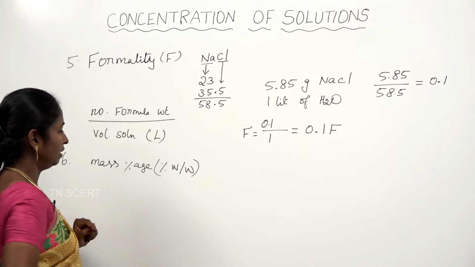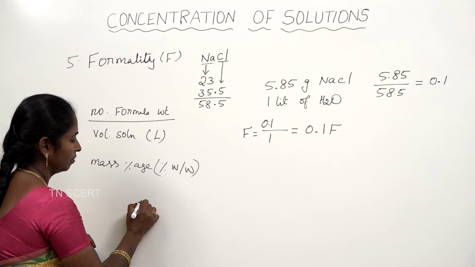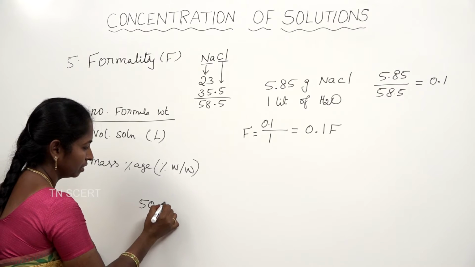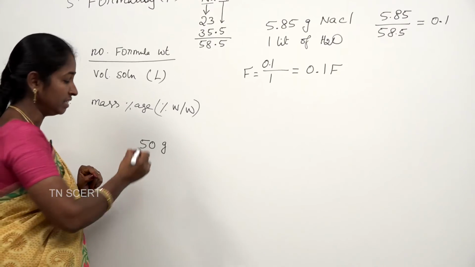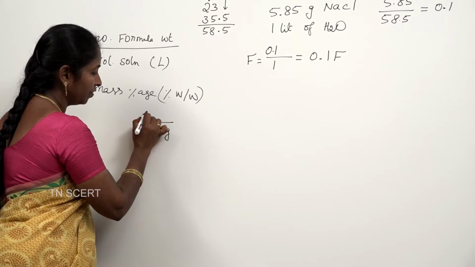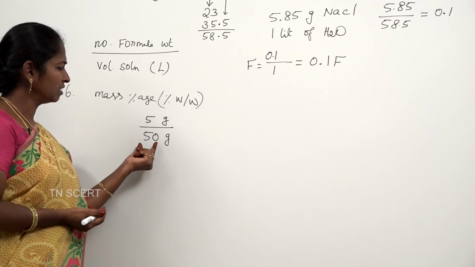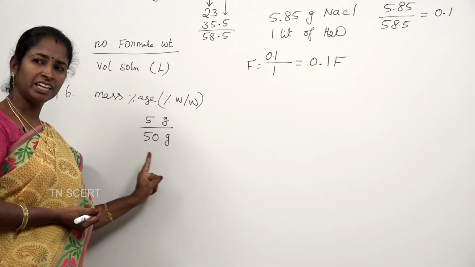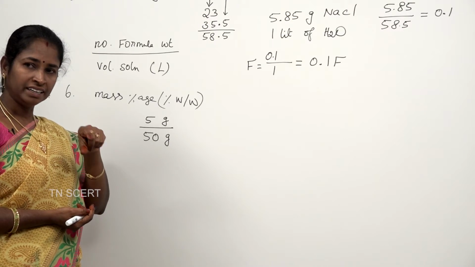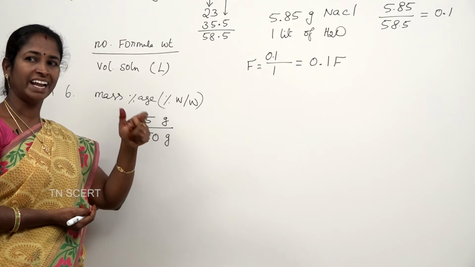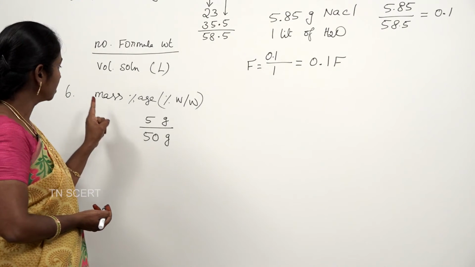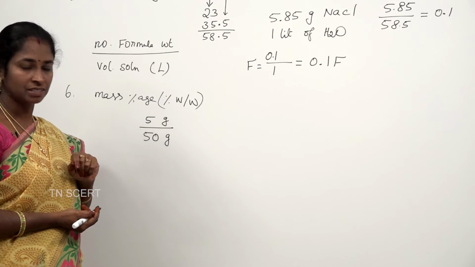Say for example, if 50 gram of the solvent contains 5 gram of the particular ingredient. Consider this as ointment. 50 gram of particular ointment contains 5 gram of one active ingredient. What is the mass percentage of this?